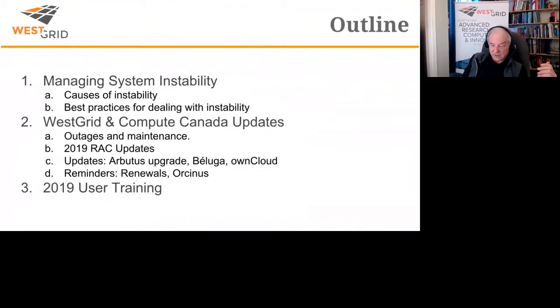Then Alex will talk about best practices for running your jobs to deal with these instabilities. Then I've got the usual section about WestGrid and Compute Canada, which we'll try to get through pretty quickly, and then a quick overview of the user training.